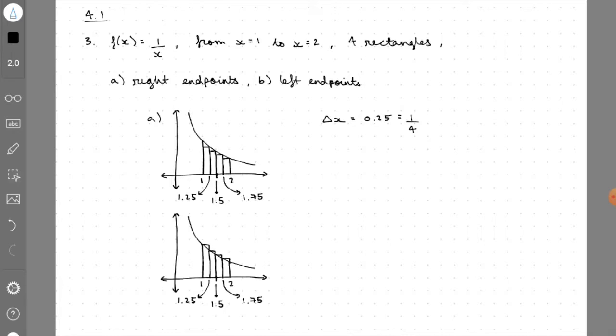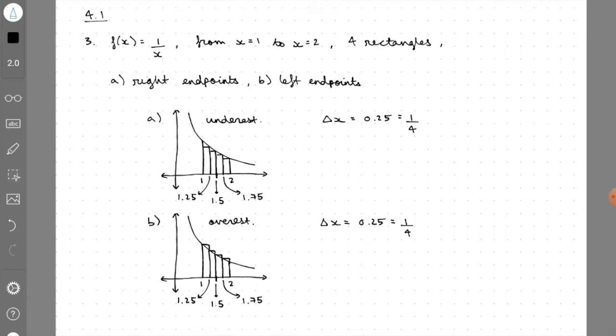Now just looking at this, we can see that part A is going to be an underestimate and part B is going to be an overestimate, right? So I'm going to write underestimate and overestimate. But the base is going to be the same for both, right? So delta x is just going to be 0.25, which is 1/4.